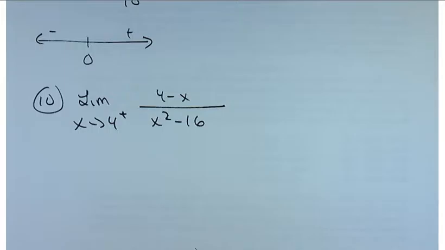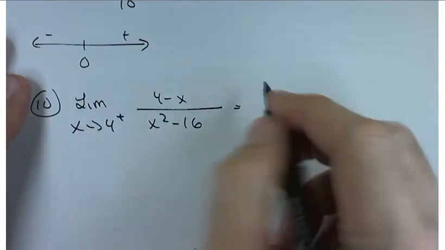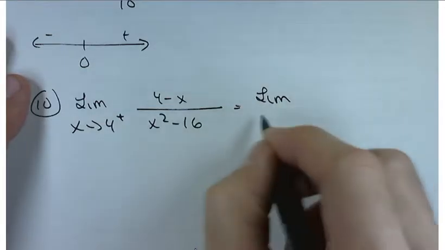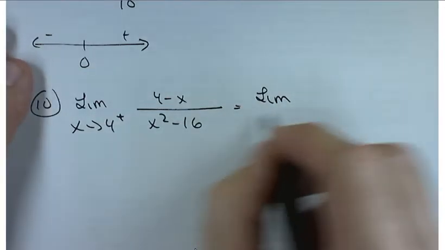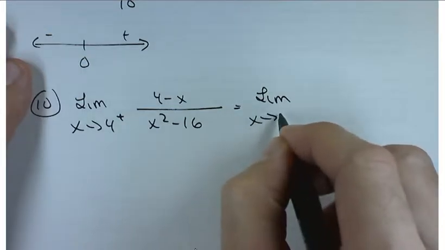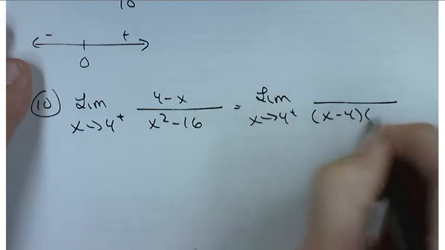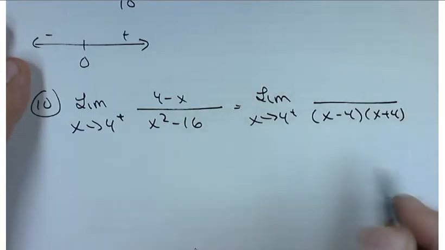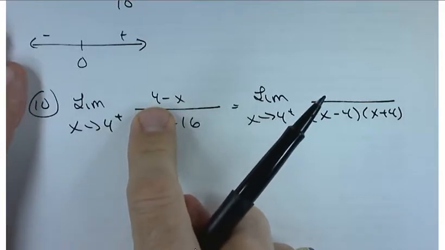In this case, though, let's play around with the function some. And this is another example of factoring out that negative. Because in the denominator, when I factor, I get x minus 4 times x plus 4. Doesn't quite match what I have in the numerator.